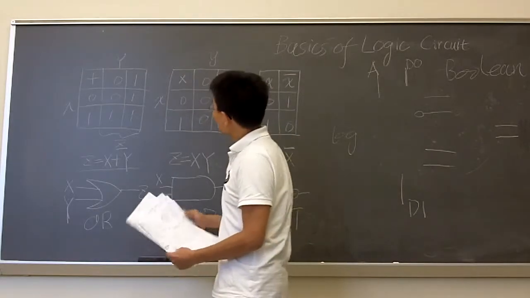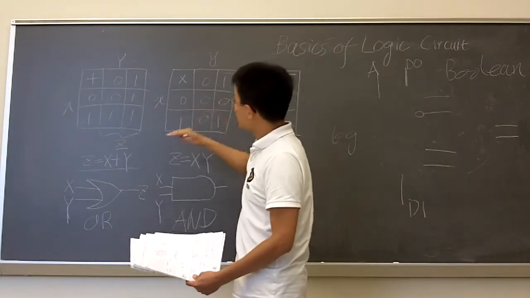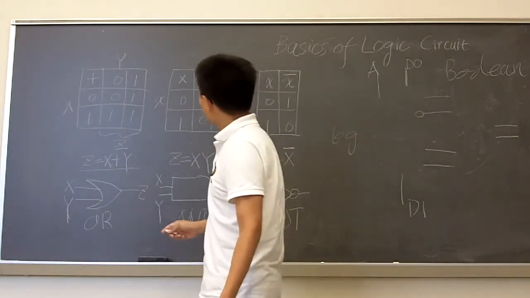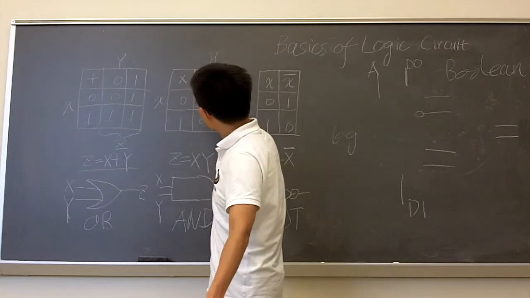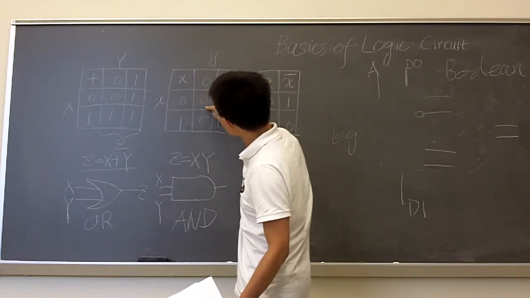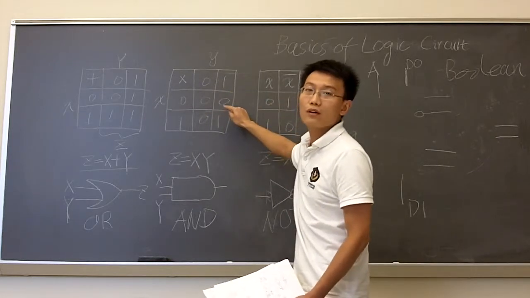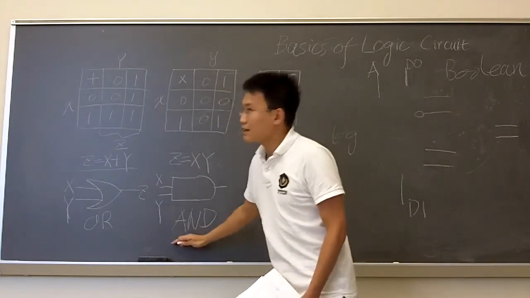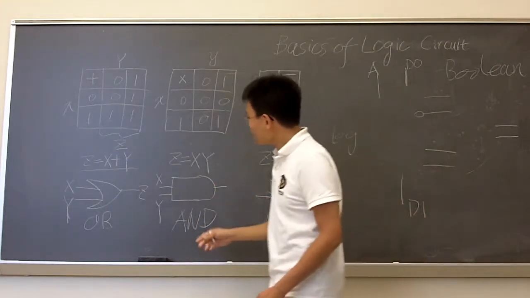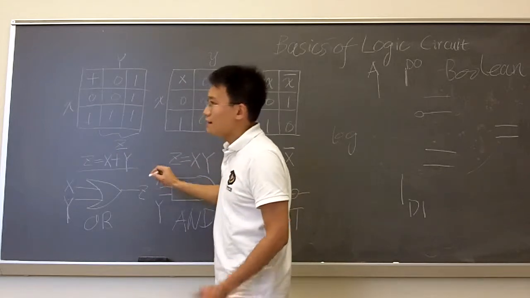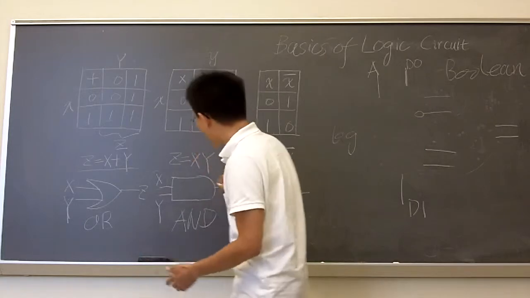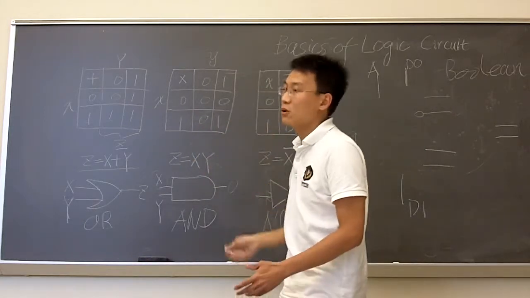You can see this truth table for multiplication. When x is 0, the output is always 0. So the AND gate has a function that is like a switch. If you assign x as a switch and put a 0 into it, the output is always 0.